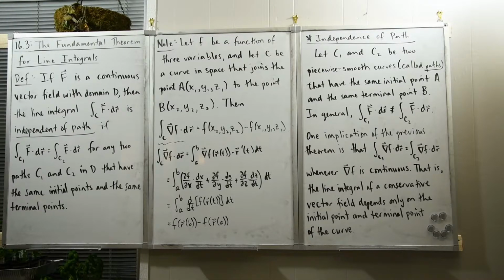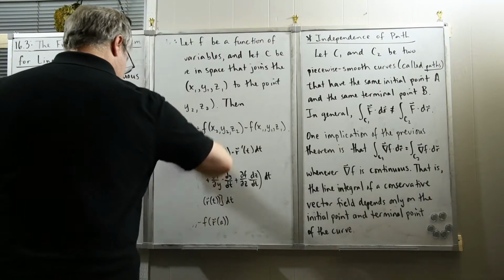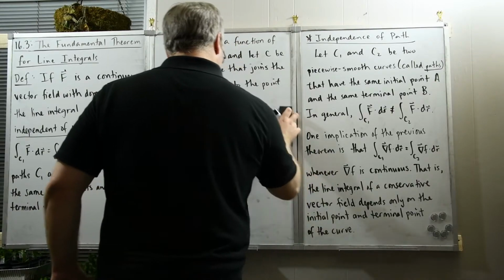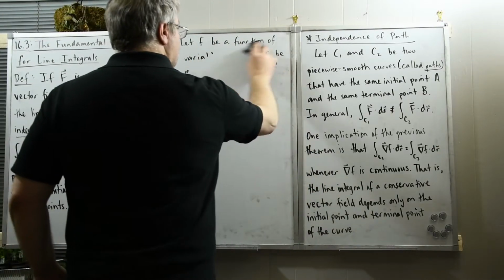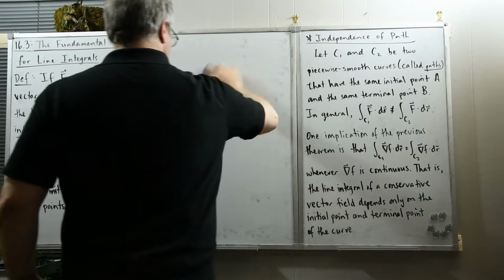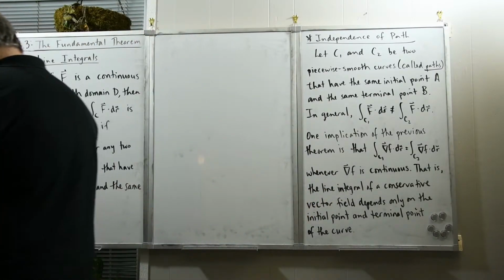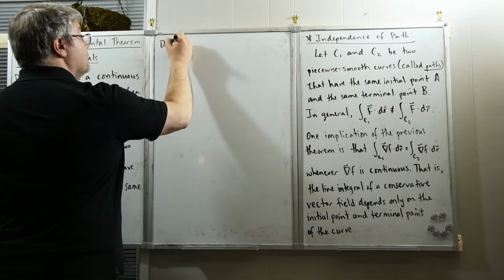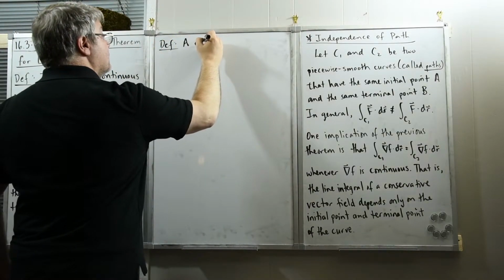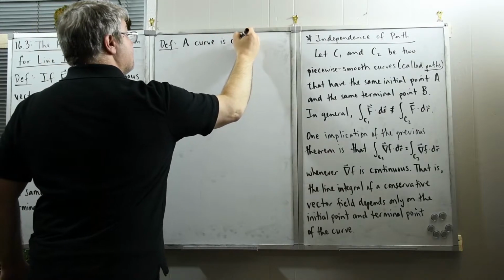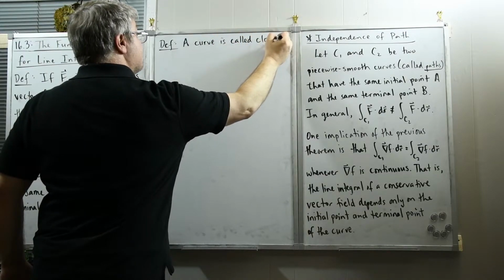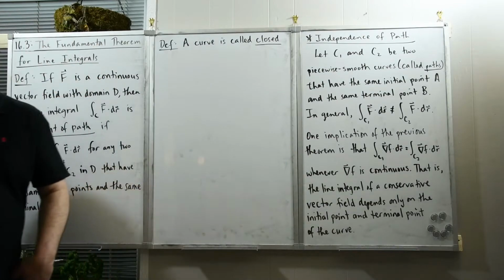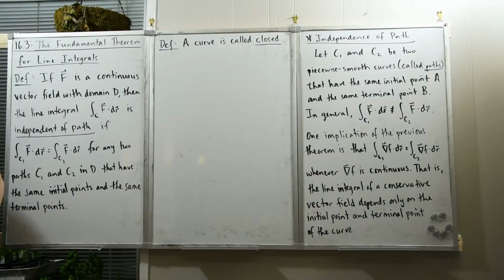Now, I've got one more definition that I need to show you before we get to the next theorem. And we say that a curve is called closed if its terminal point coincides with its initial point.